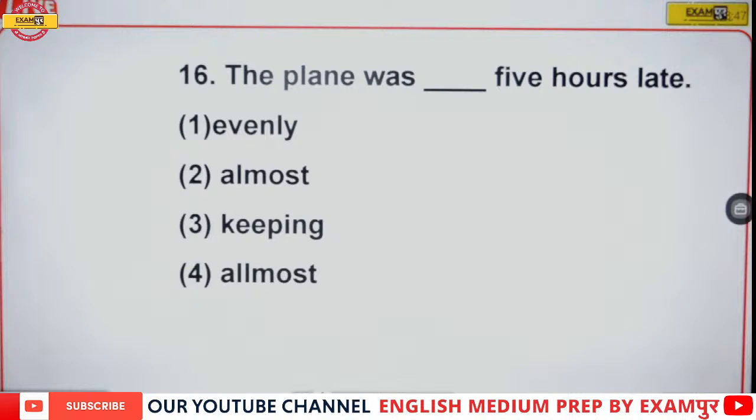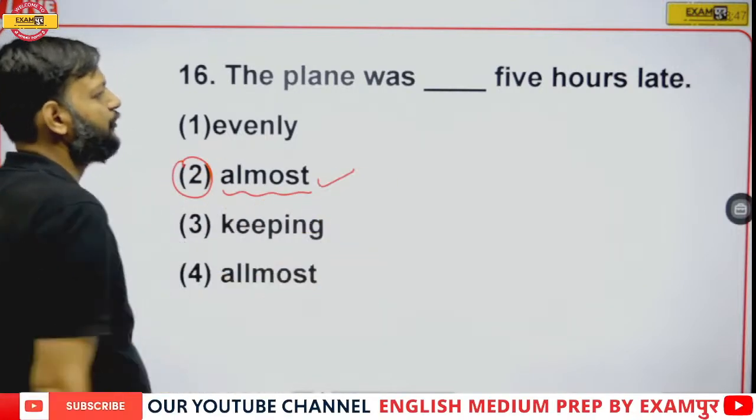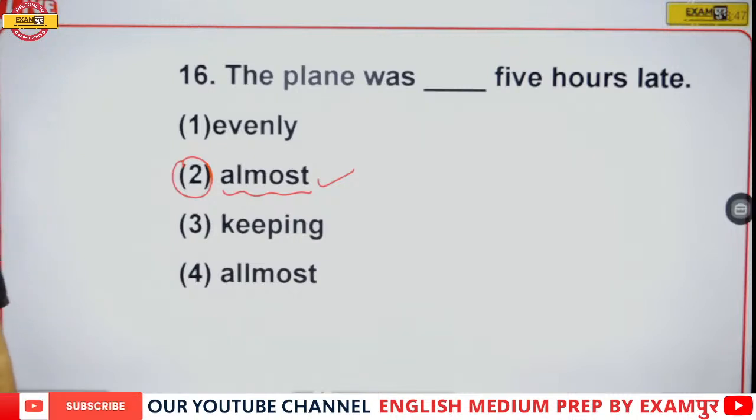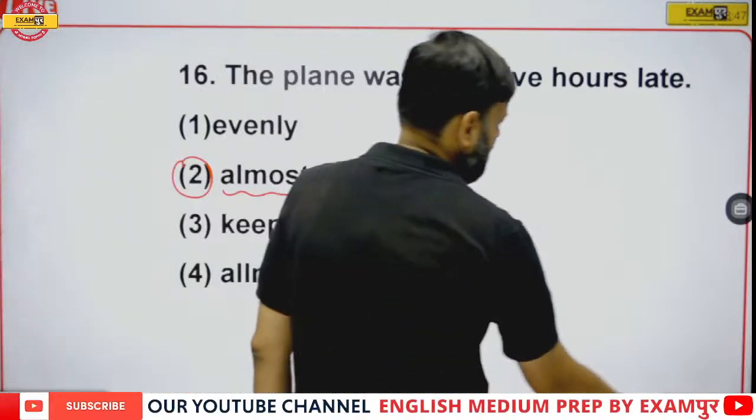Yes, the plane was almost, here "almost" is the right answer. The plane was almost 5 hours late. Yes, Sravani, you are absolutely right. Here almost is the right answer.